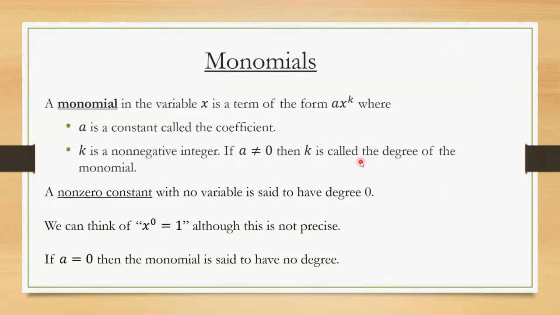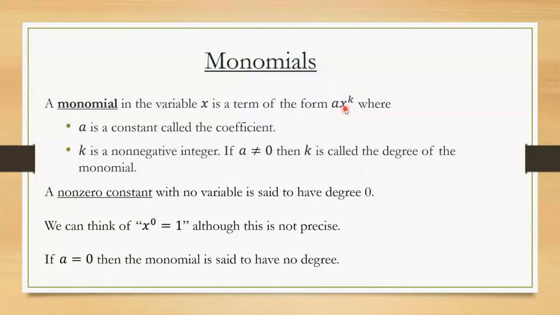Now, if k happens to be 0 and a is not 0, then it's degree 0. That's what I'm trying to say here: if you have a non-zero number and there's no variable, then it has degree 0.